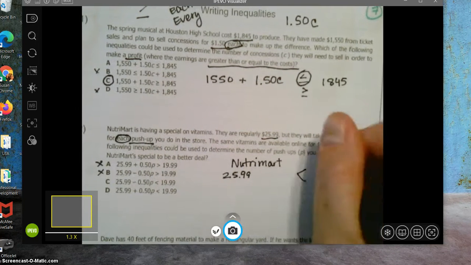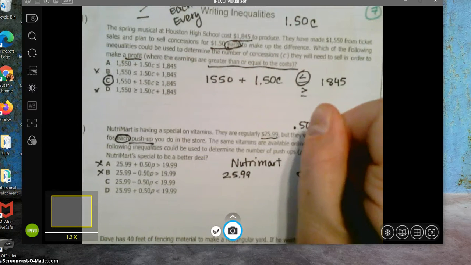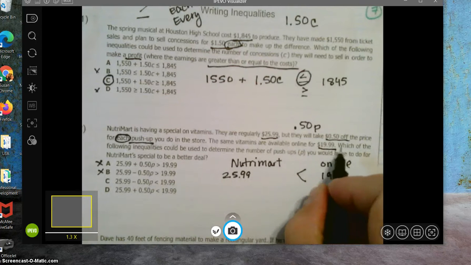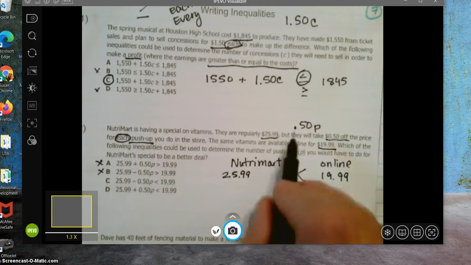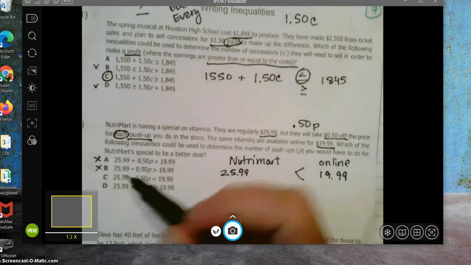So remember, 50 cents P. Remember that that means a number next to a letter. So 50 cents each push-up. 50 cents each push-up. And that's coming off of the price. I want you to look here.